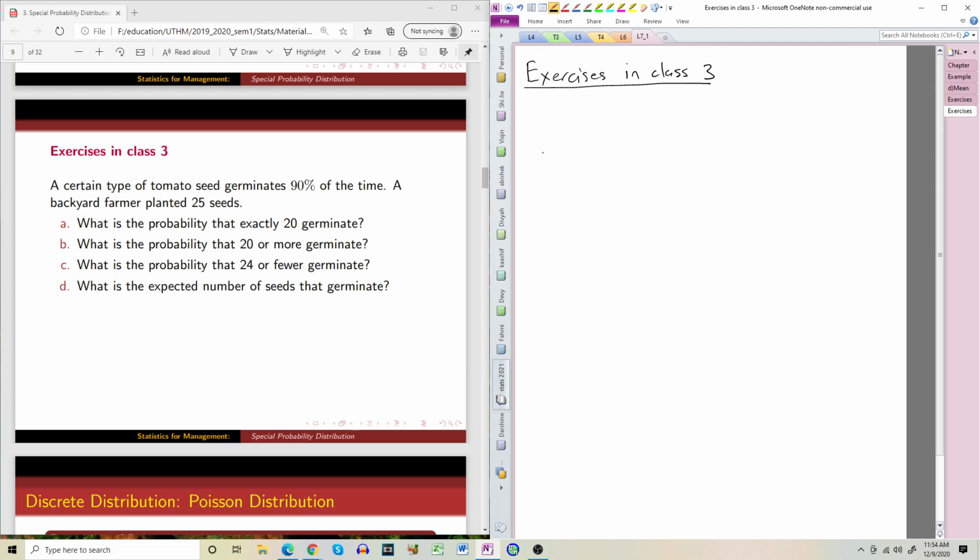A backyard farmer planted 25 seeds, n equal to 25, p equal to 0.9. What is the probability that exactly 20 germinate? Out of 25, 20 germinate.